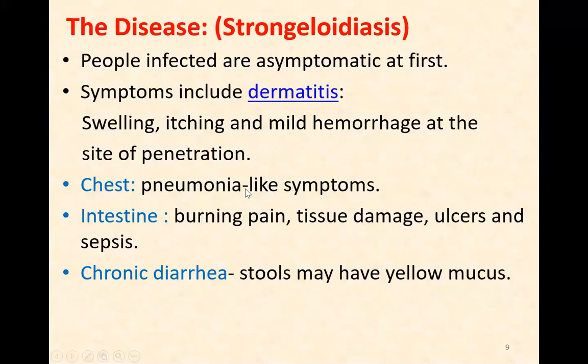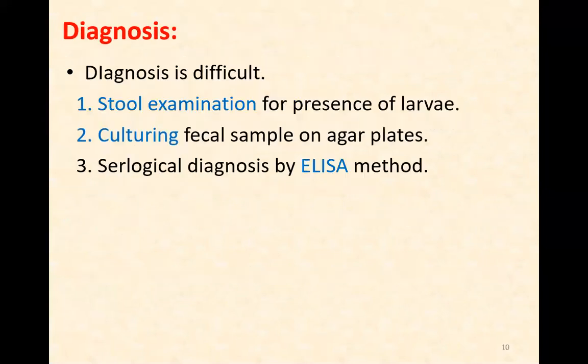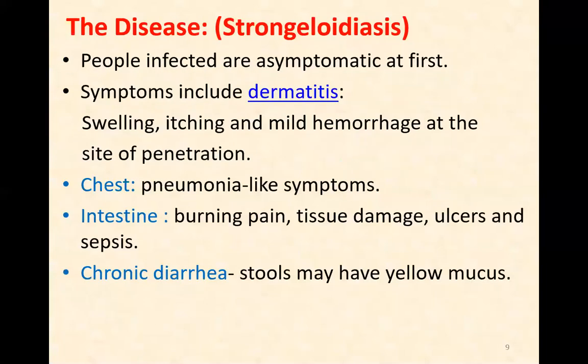And when present in the intestine, there may be burning pain, tissue damage, ulcers may be formed, and sepsis occurs. When this happens, there may be chronic diarrhea in which stools may have yellow mucus in them.